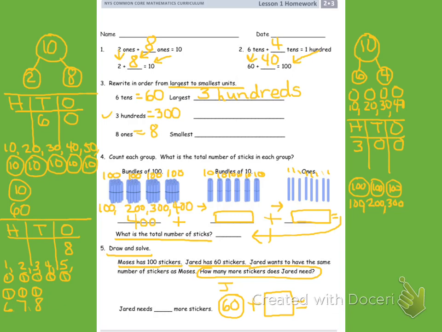Moses has 100 stickers. I'll label that with an M for Moses. So 60 plus blank is 100. So I just need to figure out how many more I need in order to get to 100.